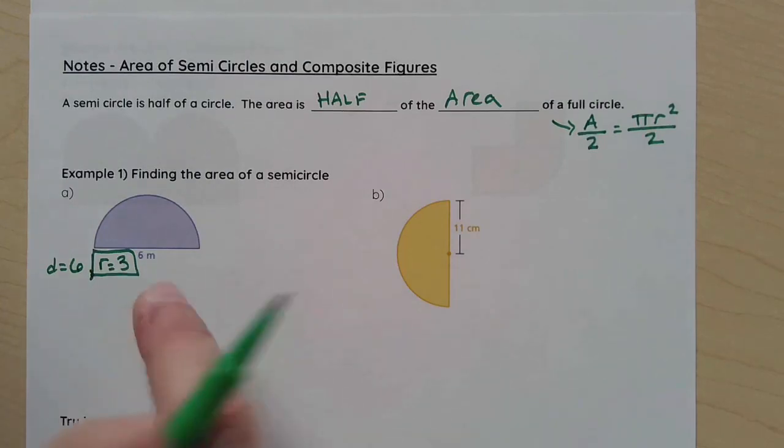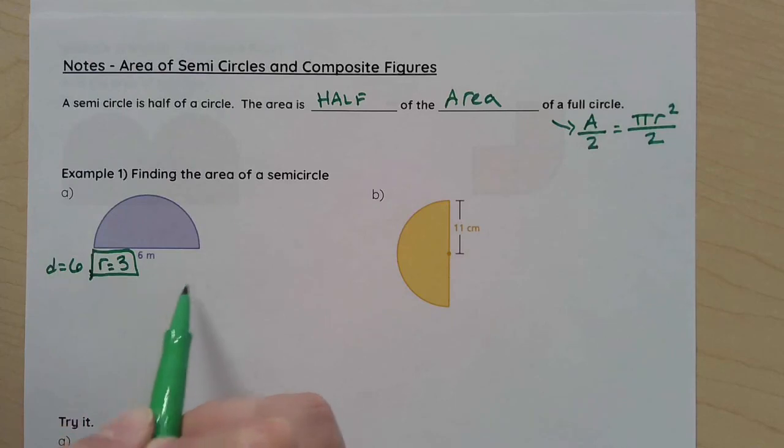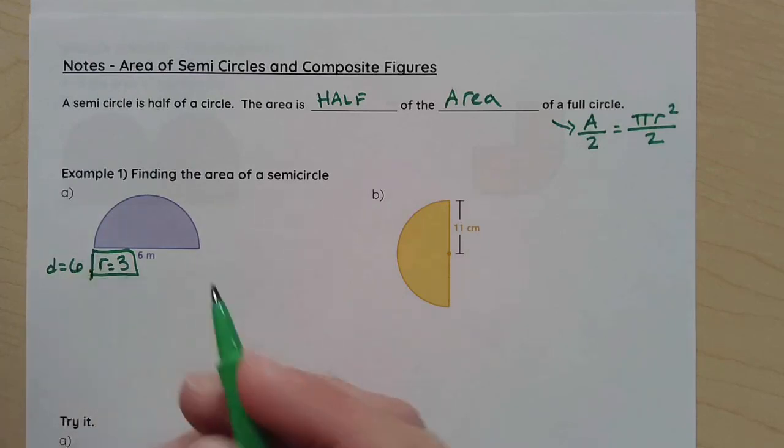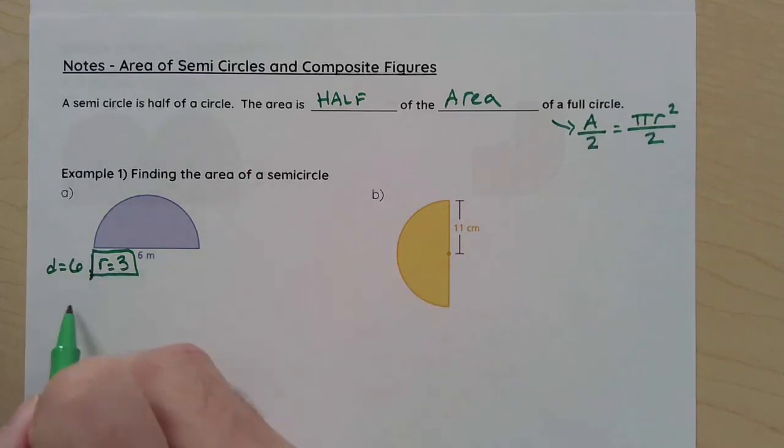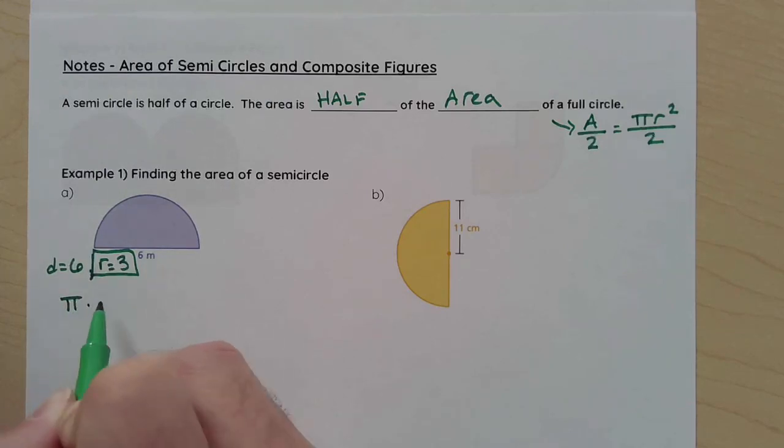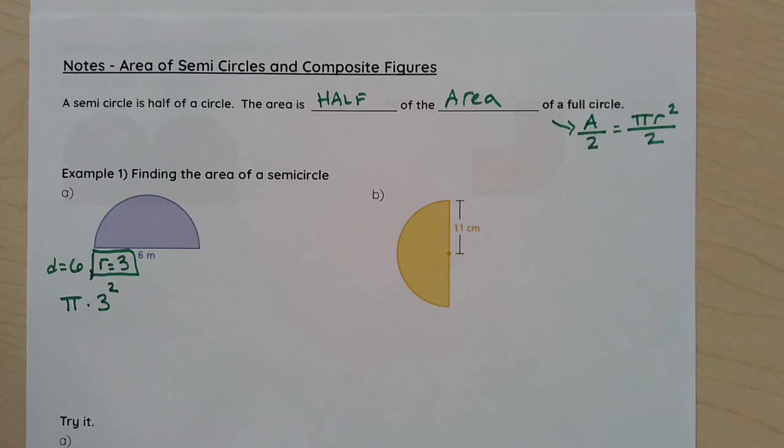So if I were to find the area of this whole circle, pretend the whole circle was in this diagram, that would be pi times 3 squared. And I want half of that. So I'm going to cut that in half by dividing by 2.